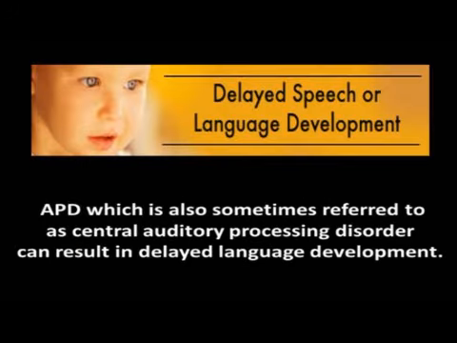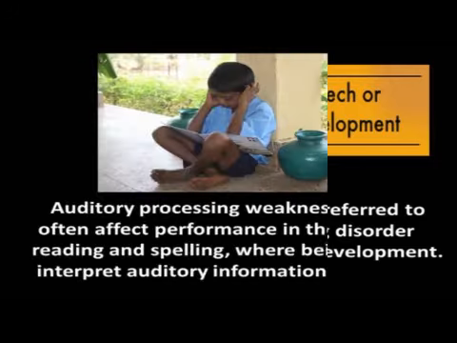APD, which is also sometimes referred to as central auditory processing disorder, can result in delayed language development, behavior problems due to frustration caused by the inability to process information presented orally effectively, and poor academic performance.